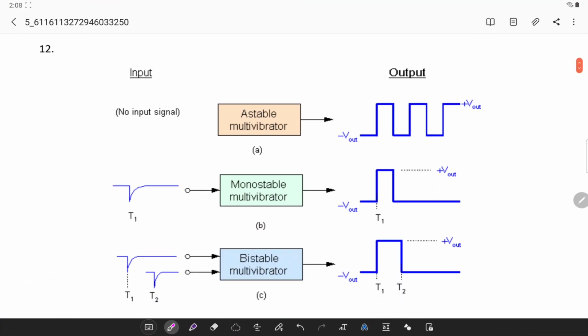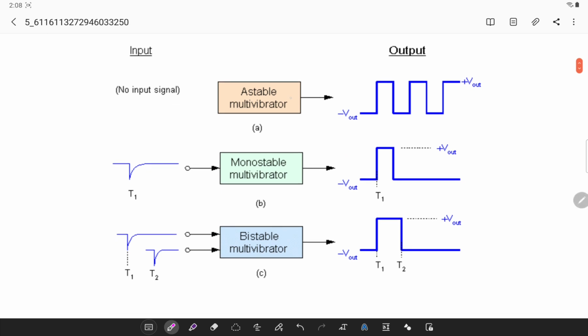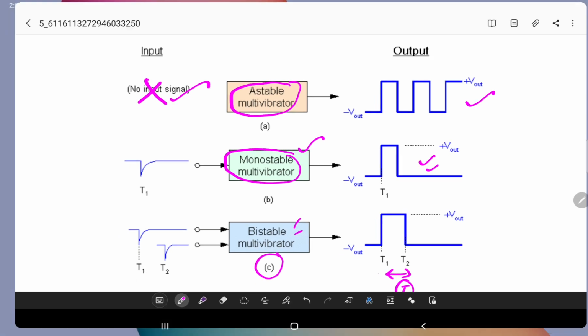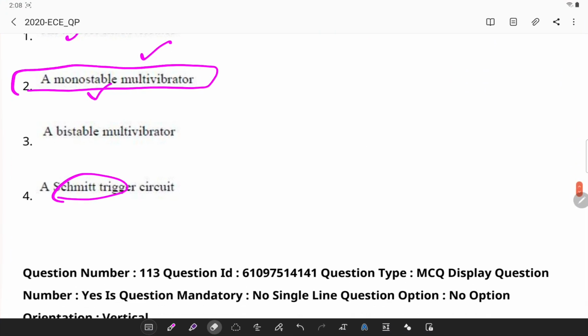See this, an astable multivibrator, even though it doesn't have any input signal, will be able to generate a square wave, whereas the concept of stretching the pulse will only happen in a monostable multivibrator, because a bistable multivibrator has a fixed length of time period, so the pulse can be stretched only in a monostable multivibrator. So you have to see all the options also.